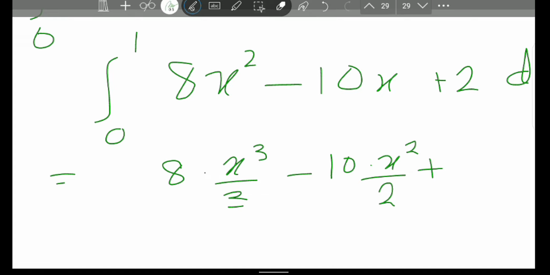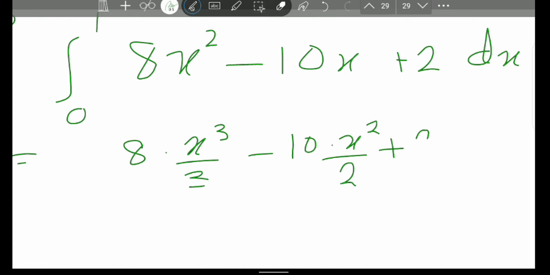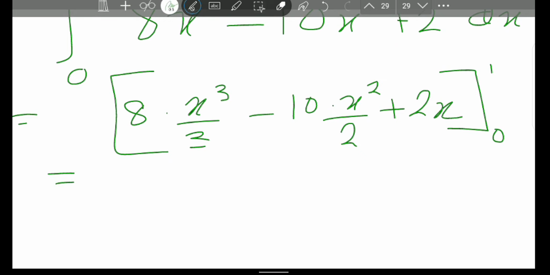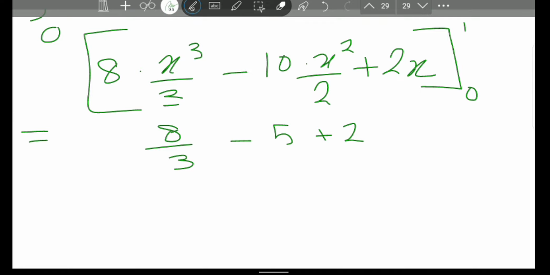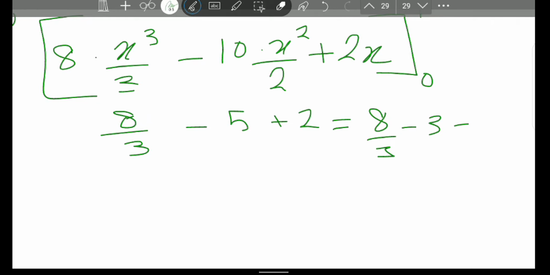And if you integrate 2 with respect to x, you will get 2x. x is changing from 0 to 1. So that's equal to 8 by 3 minus 5 plus 2. That is equal to 8 by 3 minus 3, that is equal to minus 1 by 3.